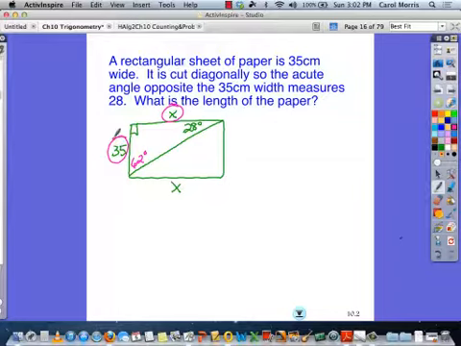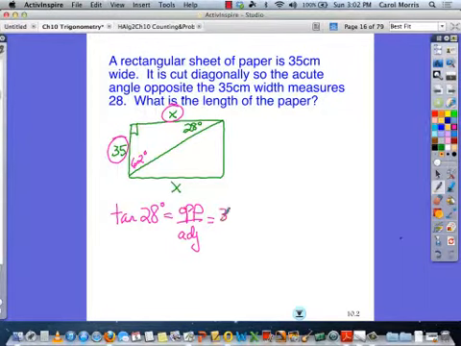There's a couple different ways you could set it up. If we go with 28, because that was the given value, if I look at 28, that's the opposite. That x value is the adjacent. That sounds like tangent to me. So if we did the tangent of 28 is equal to the opposite over the adjacent. The opposite over the adjacent would be 35 over the adjacent is x.